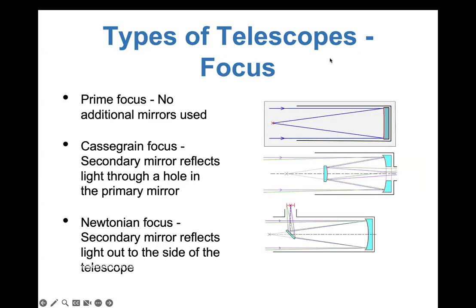So, how do telescopes focus? Okay. Well, you could have a telescope with a prime focus, so just a single focal point. That would be shown in the case of this reflecting telescope in the top of the three images, where rays are coming in.